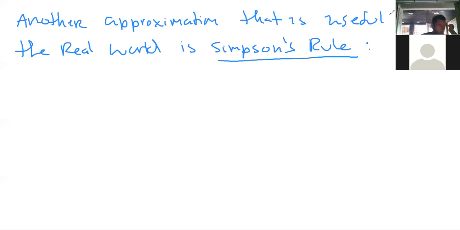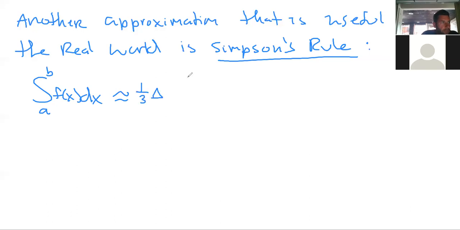So Simpson's rule is a little more sophisticated, but it's very, very useful. What does Simpson's rule say? It says that the integral from a to b of f of x dx can be approximated using this pattern.